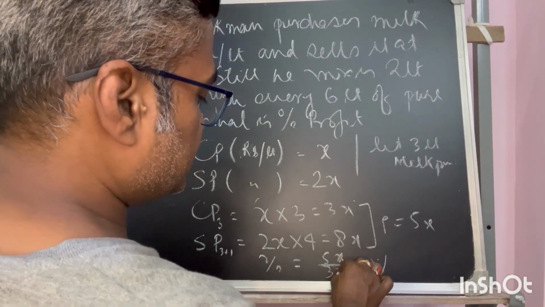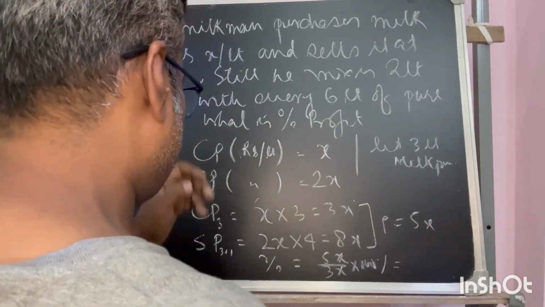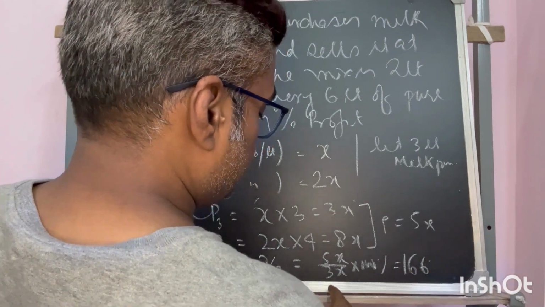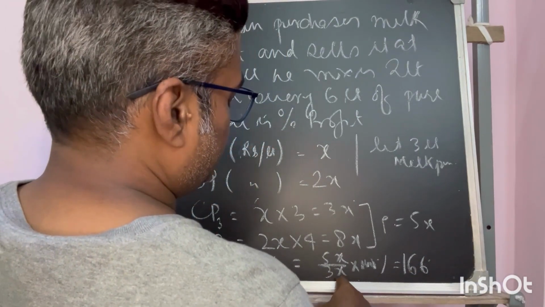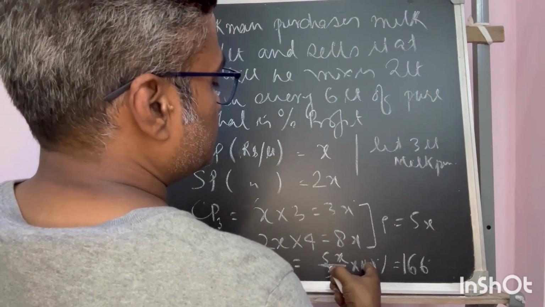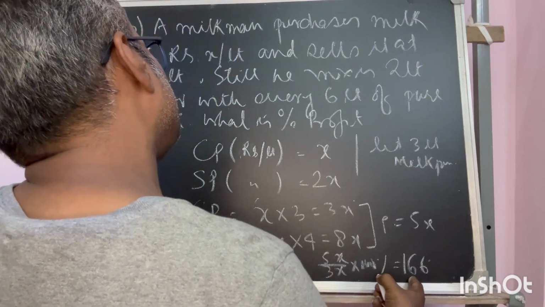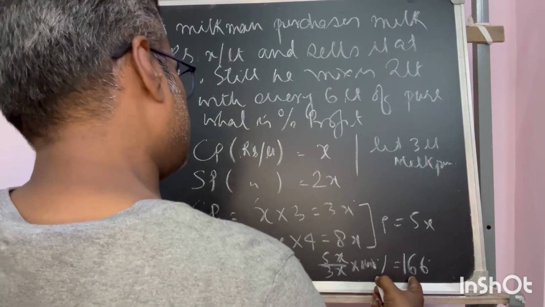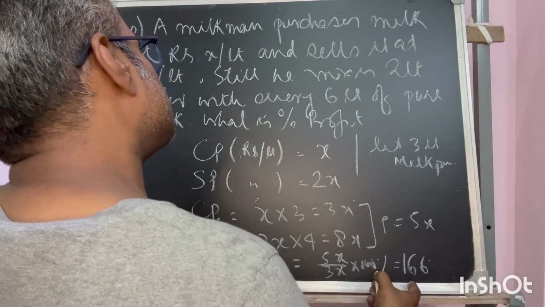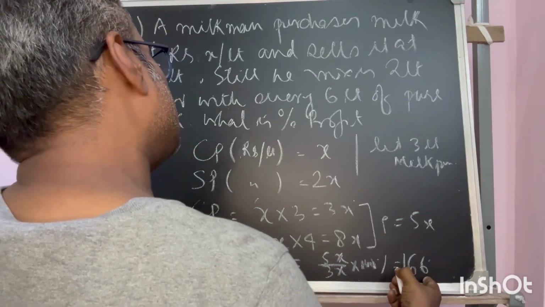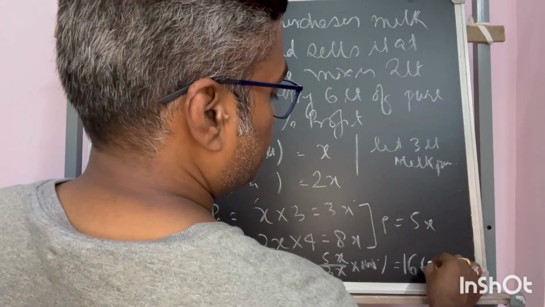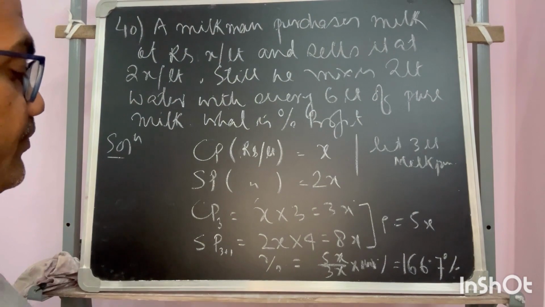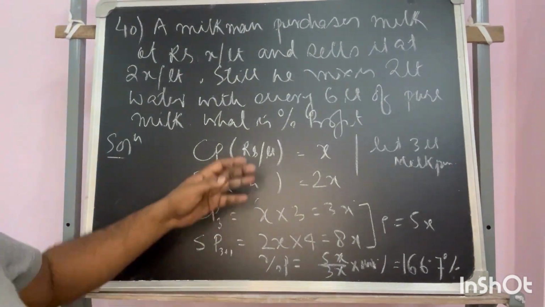X will be cancelled out. 5 by 3 basically would give you 166.7, I suppose. 5 ones are 5, 3 ones are 3, 2 0, 3 6 are 18, 2 0, 6 are 18, and this will go on. So I can take round of 167%. So this is the percentage of profit if he does so.